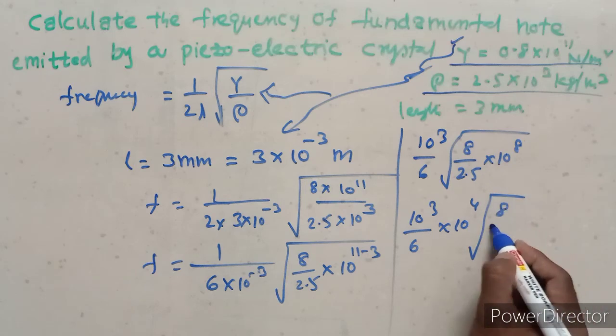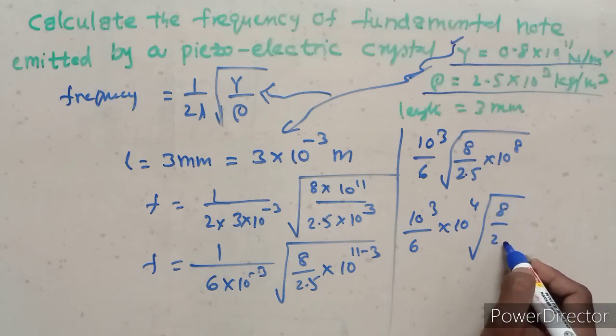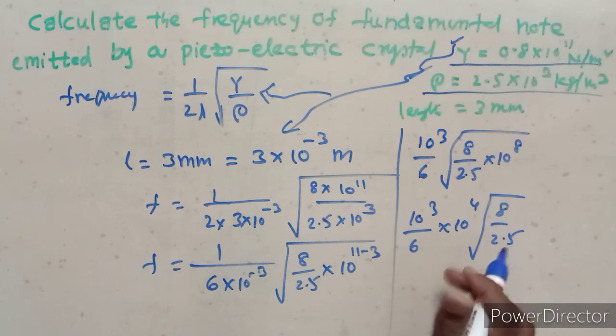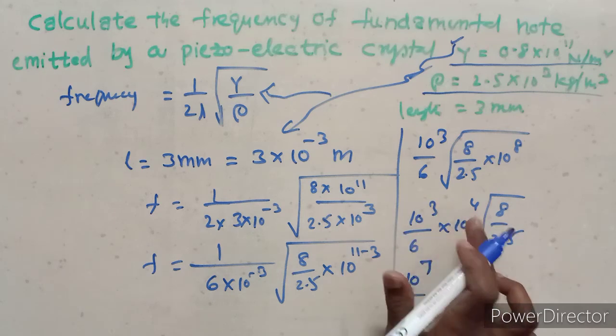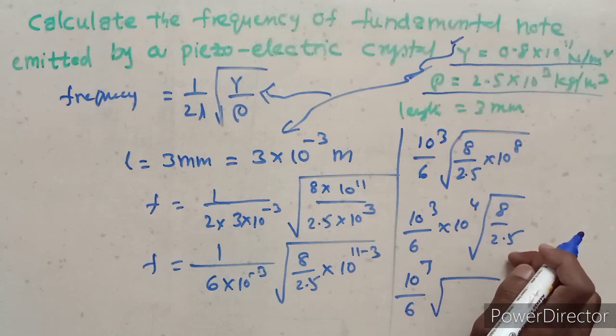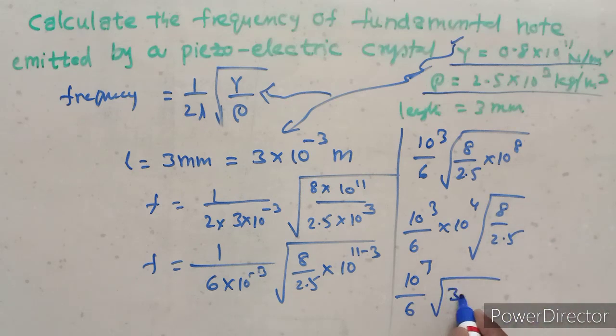Remaining is under root 8 upon 2.5. So 10 to the power of 7 upon 6 under root 8 upon 2.5, which is 3.2.